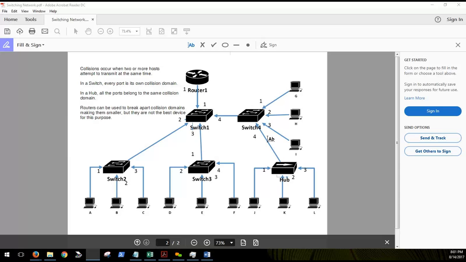Where are you getting them? 1 right here, 2, 3, 4, 5. So we're coming from here: 1, 2, 3, 4, 5. How many connections are going into switch 4?